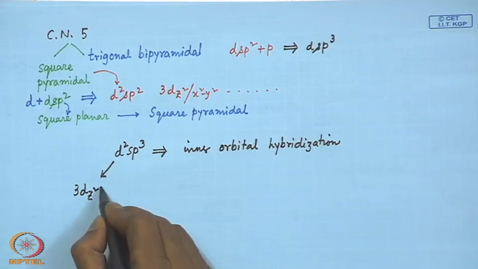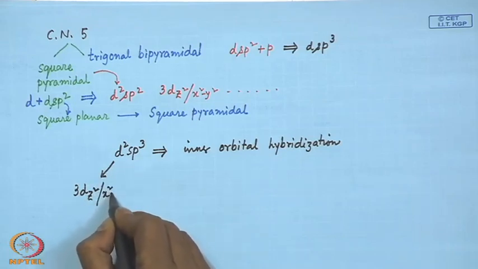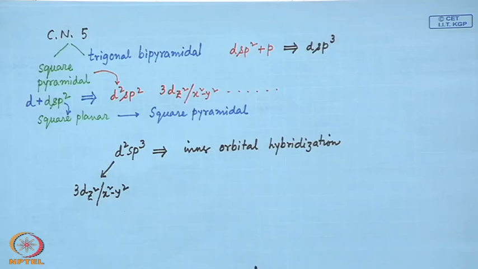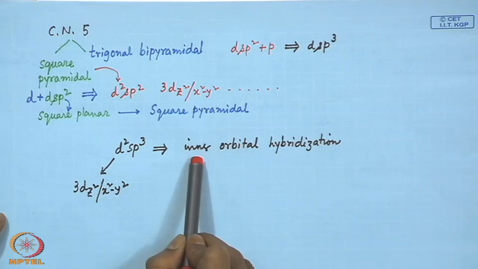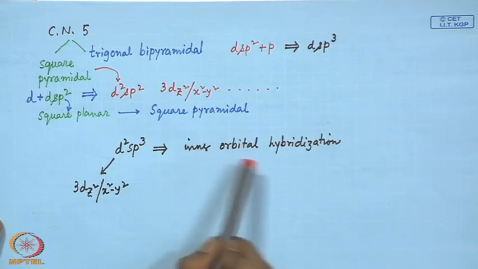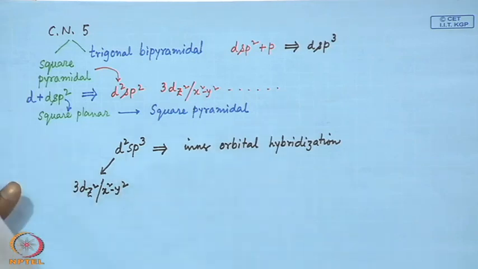3d z square and 3d x square minus y square. So, if we utilize the other d, that means the 4d z square and 4d x square minus y square, then we have the corresponding hybridization as the outer orbital hybridization.